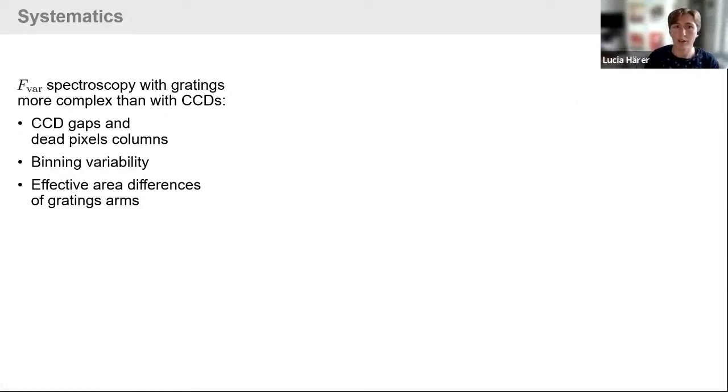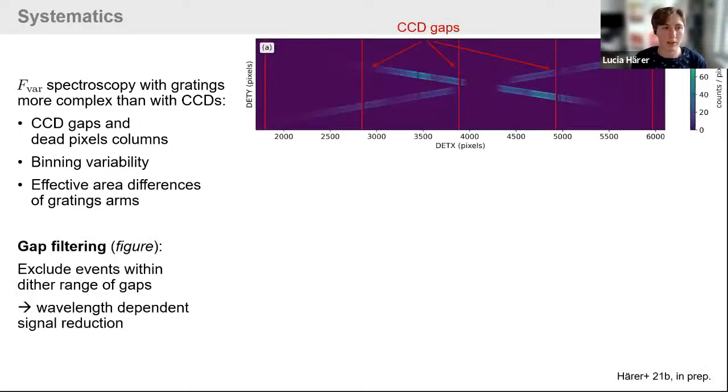It turns out that working with gratings data to do excess variance spectroscopy introduces several systematics that have to be taken care of. I want to focus on a particular example here, namely the variance that is introduced by CCD gaps.